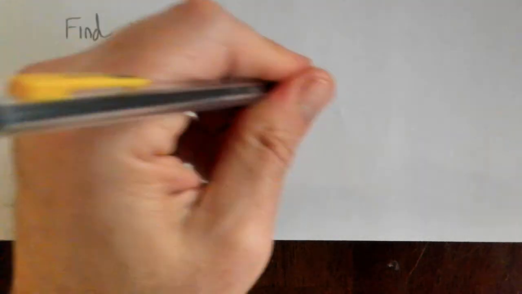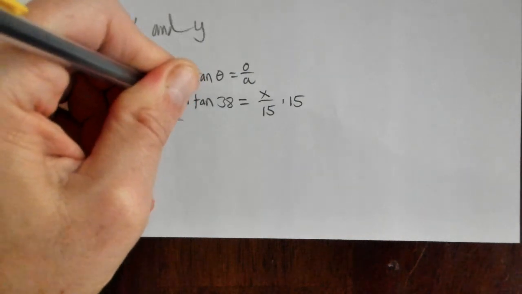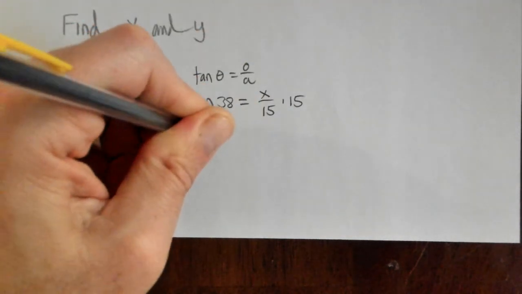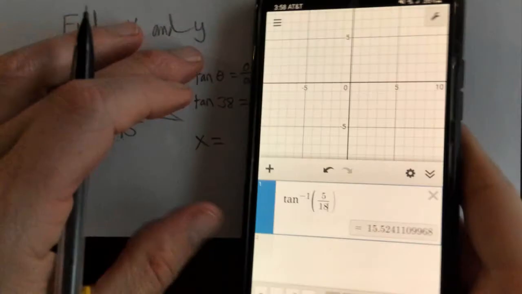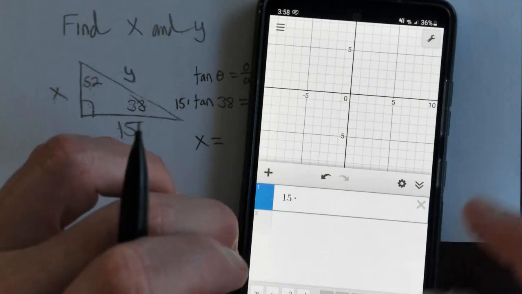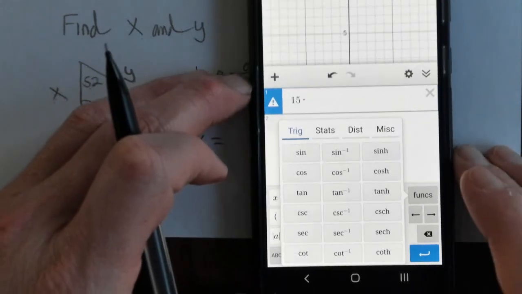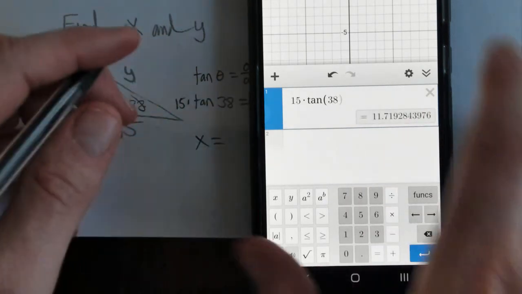Then all I would need to do is multiply both sides times 15. The 15 cancel, leaving me with x equal. Let's go 15 times the tangent of 38. So we'll go 15 times function tangent 38, and that's 11.72.